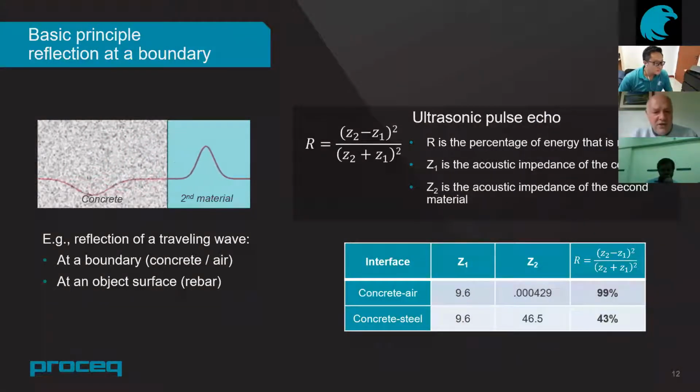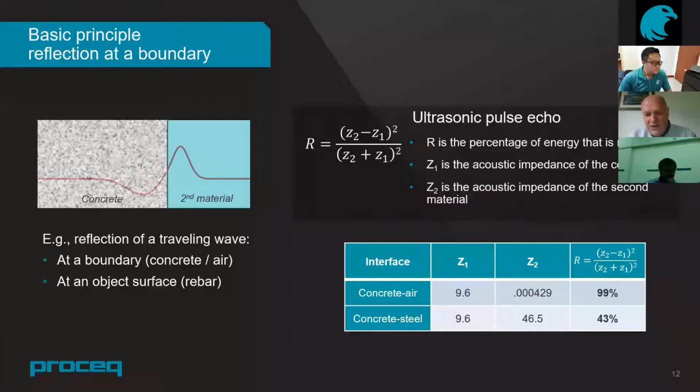Reflection at boundaries. For any kind of transmitted wave, you typically get reflections at boundaries. And this is what allows us to create the images. The amount of energy that's reflected is based on the acoustic impedance of the material. So when we have 2 materials, and we know the acoustic impedance, we can determine the reflection. It's quite a simple equation.